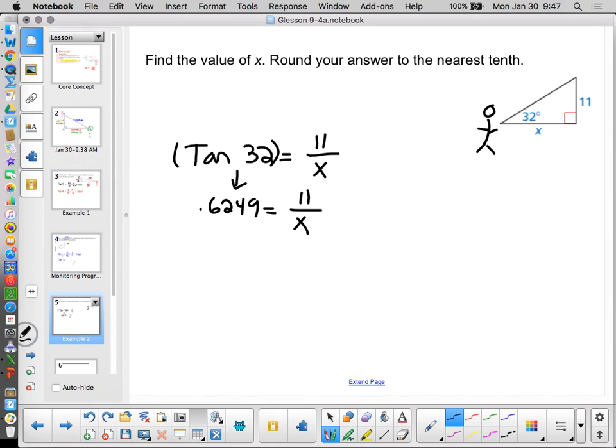So tangent of 32 has a value. It's a constant. It's always 0.6249. The ratio of the opposite over the adjacent for any 32-degree angle is always 0.6249, approximately. Now we just have a very simple equation to solve. Now, when the x is in the denominator like this, it's a little bit of work. I got to multiply both sides by x.